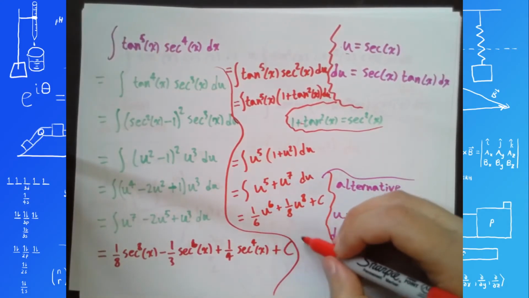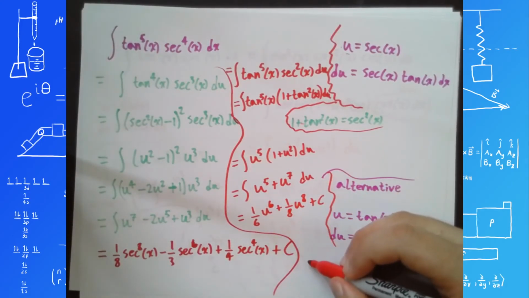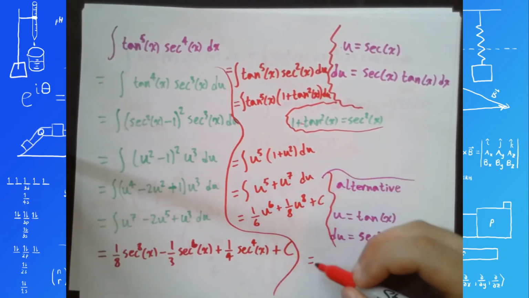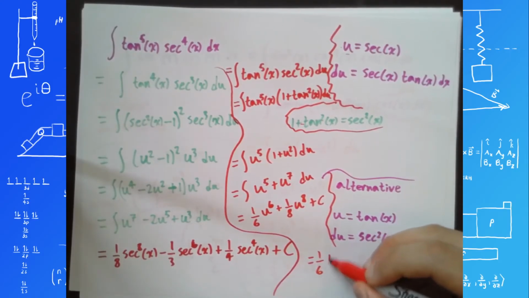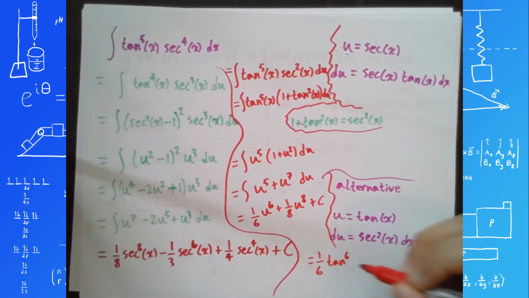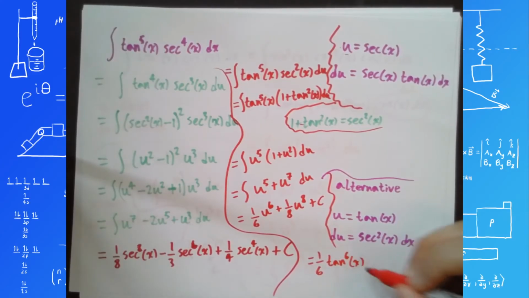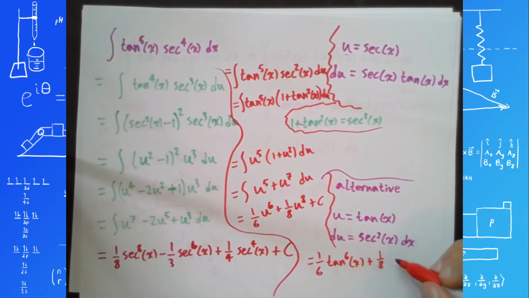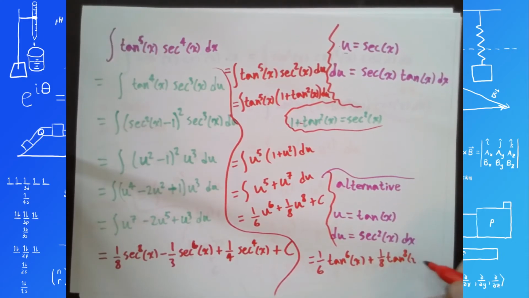which is equal to 1/6 tangent to the sixth of x plus 1/8 tangent to the eighth of x plus c.